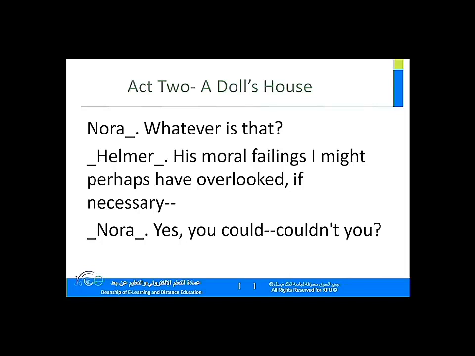Now, even so, Krogstad is morally corrupted. So Helmer did not like his morals, the morals of Krogstad. So he said that even if he had some good morals, he might think about it. But the problem is, even his morals are very bad.